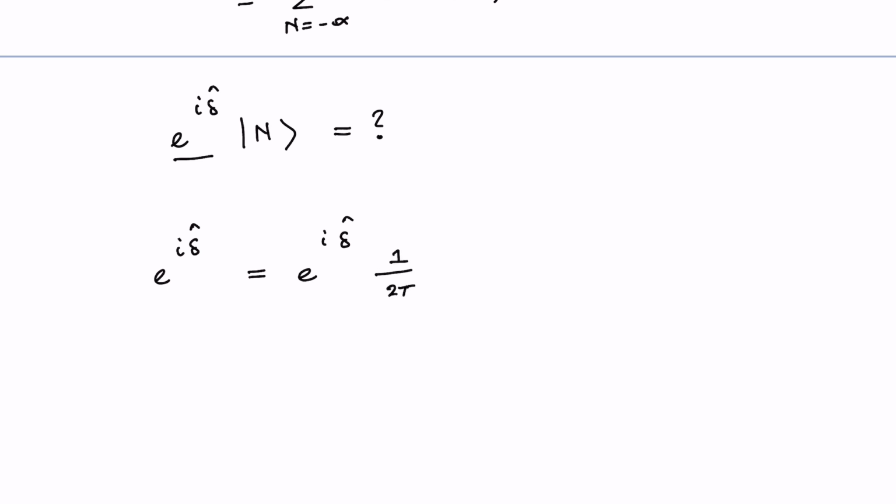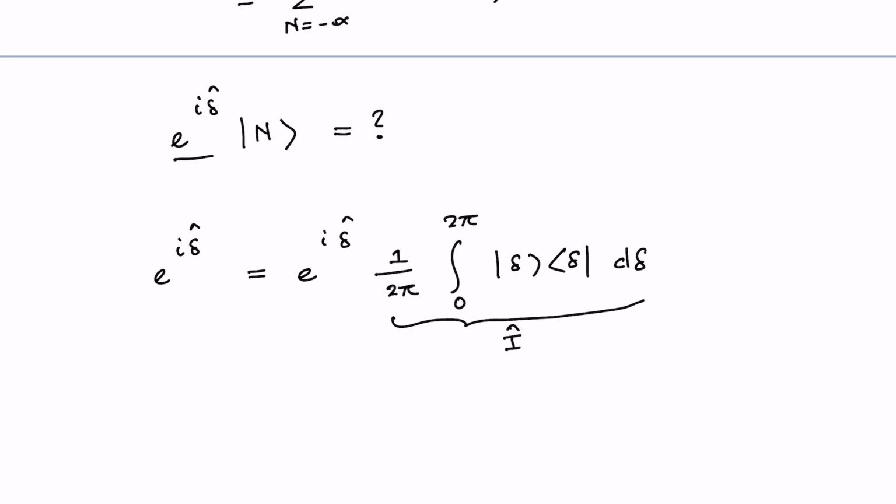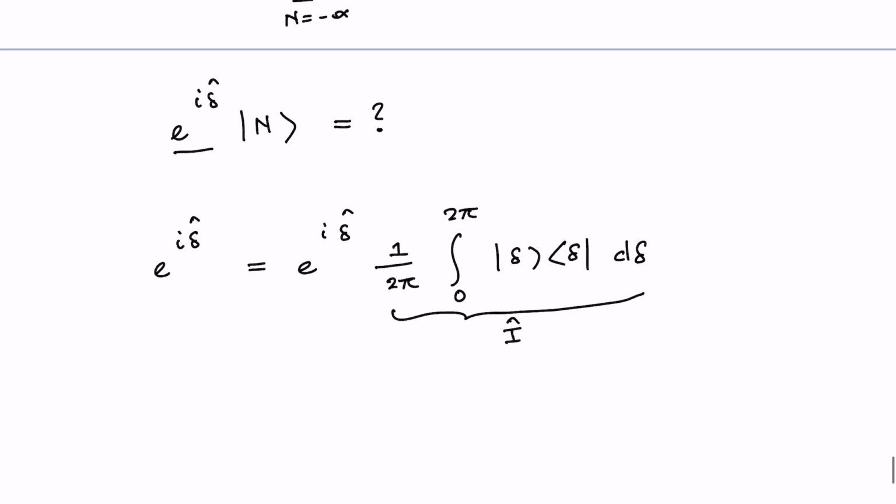Let me just write it first. I have 1 by 2 pi, integral from 0 to 2 pi of the phase ket delta bra delta d delta, and this is the identity, and this delta is a continuous variable, so it takes values from 0 to 2 pi.